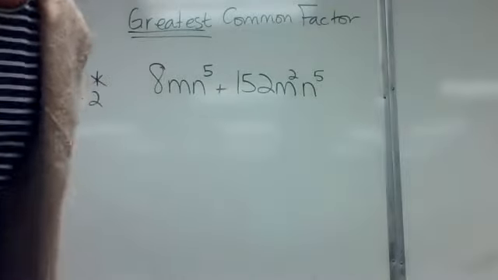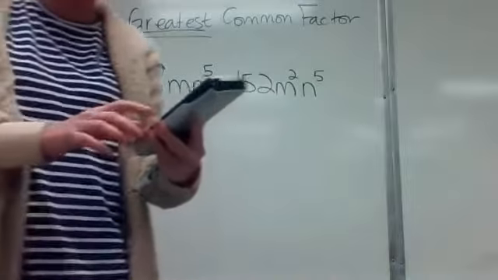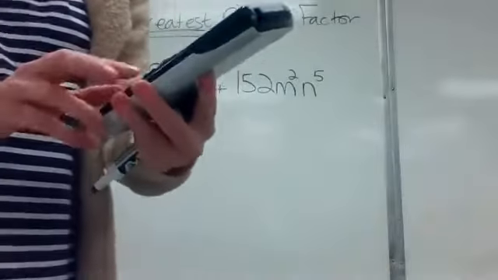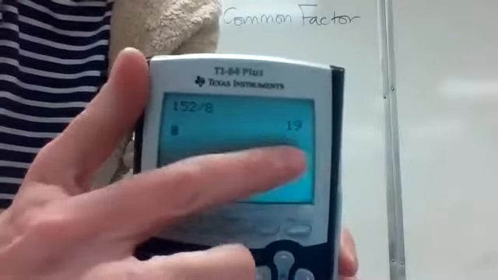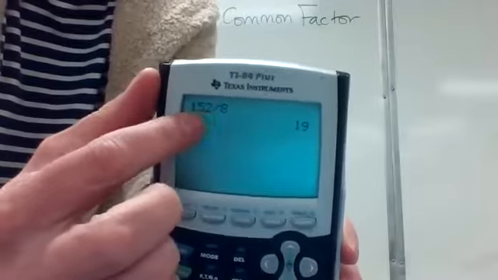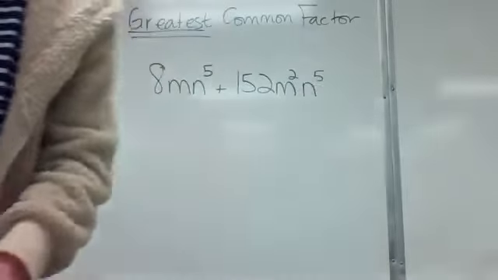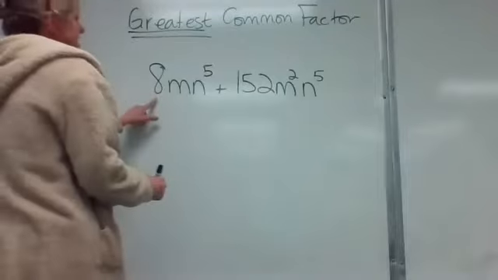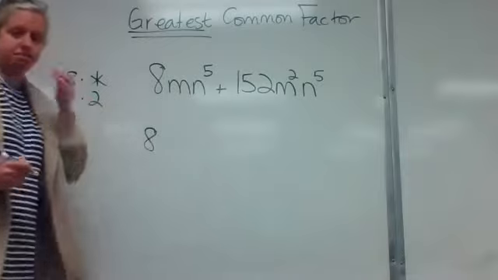So the first thing I'm going to try is the 8, because if it divides evenly by 8, then I'm done. I have no idea if 152 divides by 8, so I'm just going to ask my calculator. If that's not a decimal, then 152 does divide evenly by 8. So since it is not a decimal, that means 8 goes into both 8 and 152. So I'm going to pull out an 8.